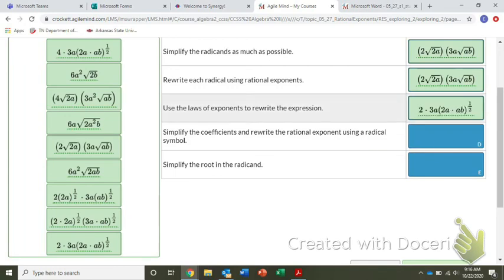So this goes here. Now you simplify. What is 2 times 3a? 6a. We change it back. So we have the square root of 2a squared and a b.